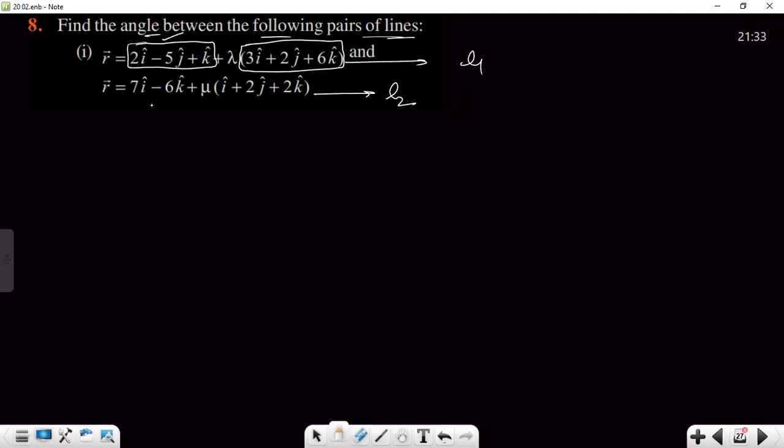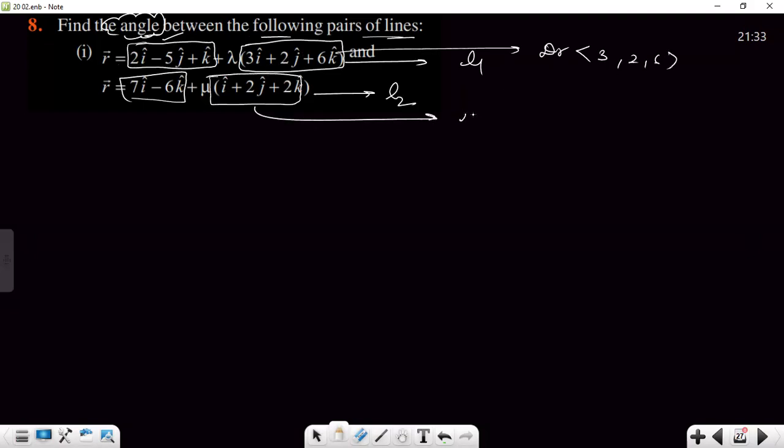When we have to find the angle, we care only about the direction, not where the line is passing from. So let's bring the DRs: 3, 2, 6 and 1, 2, 2.